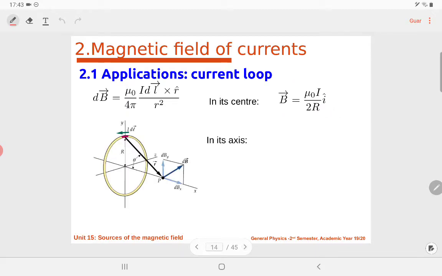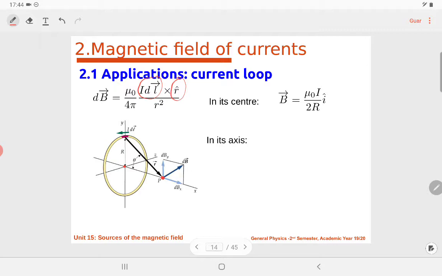Okay, so now we're not in this point here, but we are in any point in the axis, for instance in this point here. So we would have to discuss again. And if you see, in this case again, the element of current and the unit vector in the direction of r are both perpendicular. Okay, so that makes the calculation of the modulus of the cross product very easy.